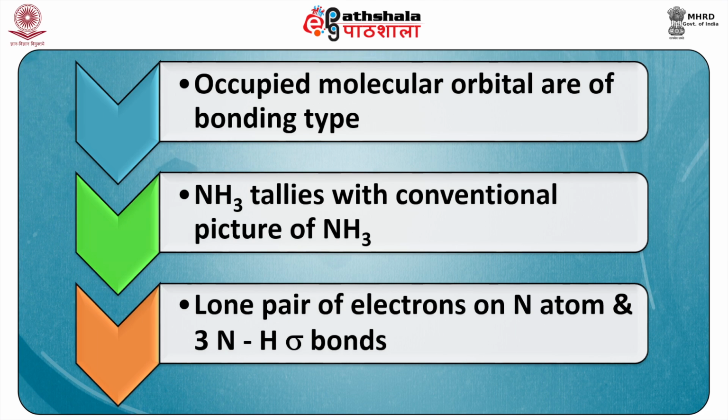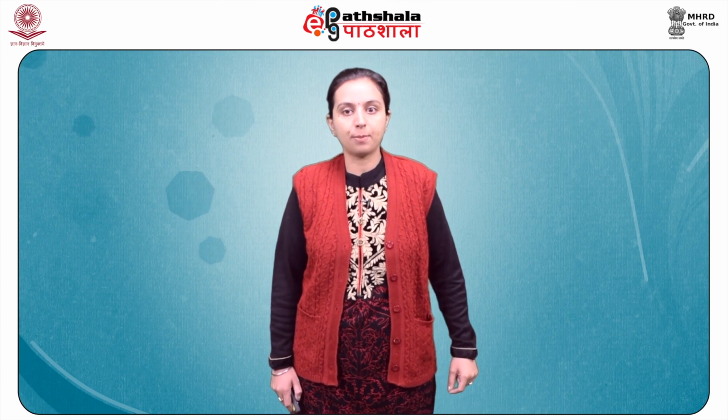This simple molecular orbital description of NH3 tallies with the conventional picture of NH3 having a lone pair of electrons on the nitrogen atom and 3 N-H sigma bonds. But it does not explain the equivalence of the 3 N-H bonds and the observed HNH angle. These are explained on the basis of VSEPR theory and the concept of hybridization, as discussed in the next chapter on hybridization and shapes of molecules.